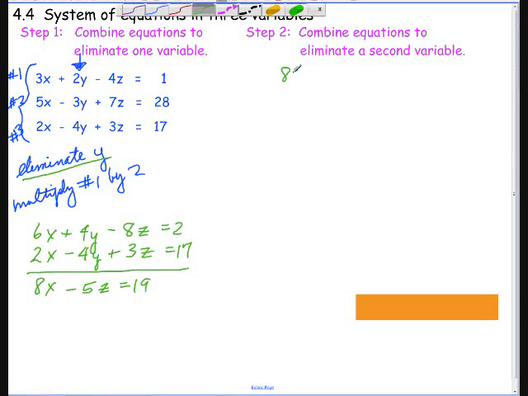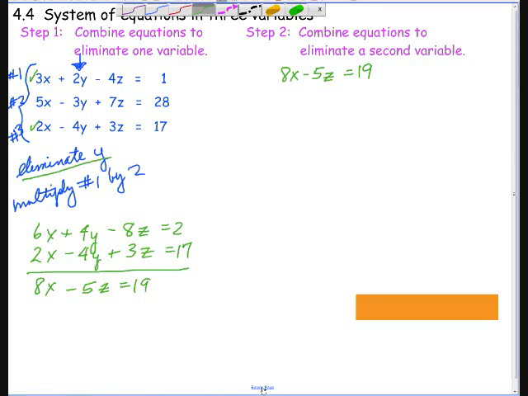I'm going to put that over here. This is a two-variable equation that I developed from my three-variable. So I've used this equation and I've used this equation. However, I haven't touched equation number 2. I can't get away with that.